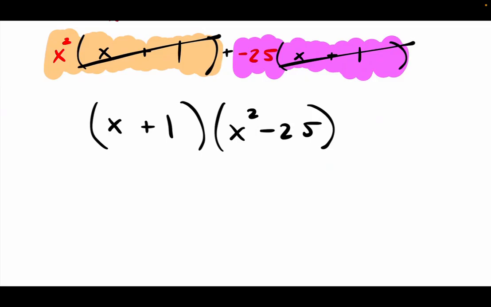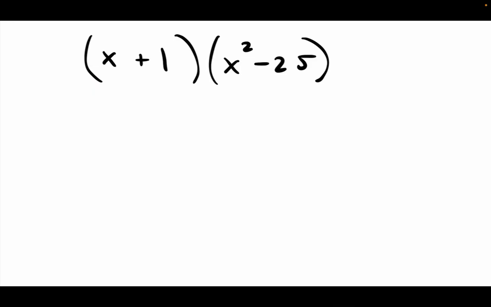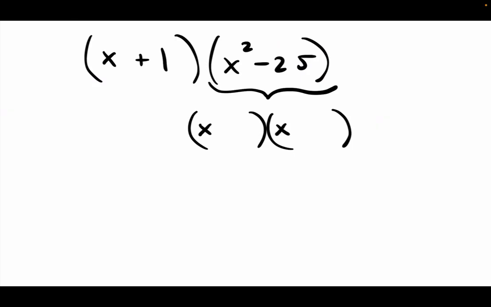Last step, are any of these difference of squares? Notice there's a question mark, which means it's not necessarily going to happen, but if there is, take care of it. Yeah, one of them is, right? X squared minus 25. When we do difference of squares, we halve the power, so x to the first.